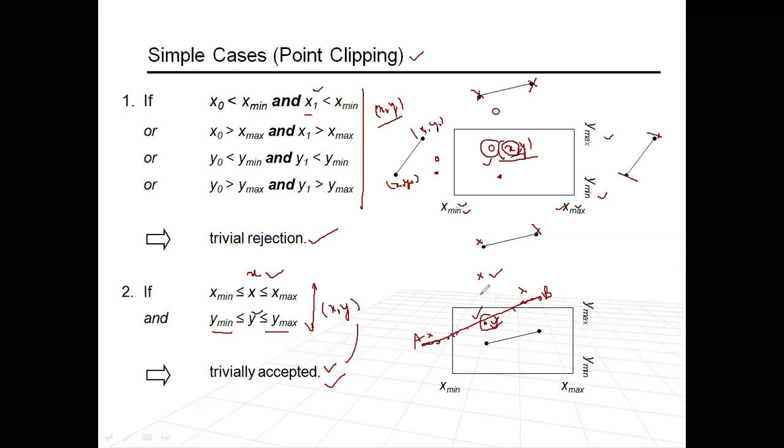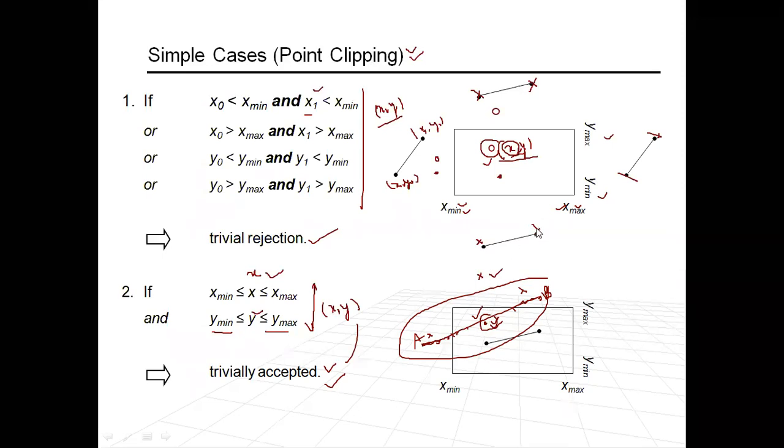But we cannot go with the line in the same manner as we go with the point, because it would be a complex procedure to check each and every point of a line.